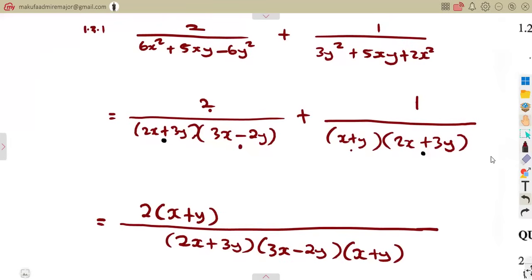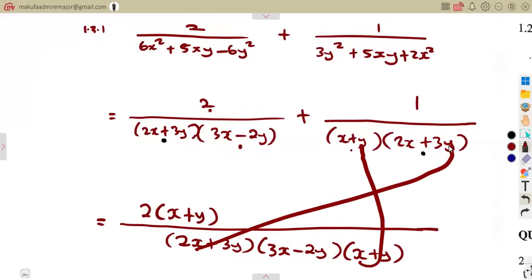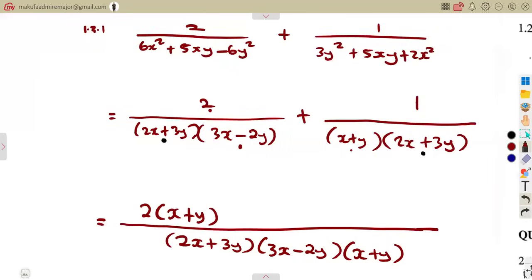So in the same sense, if you divide this, you're going to see that the x plus y was going to divide with this. The 2x minus y was going to divide with this. You remain with what? With 3x minus 2y multiplied to a plus 1. So that's plus 1 into what was remaining when you divide, which is 3x minus 2y. Just like that.